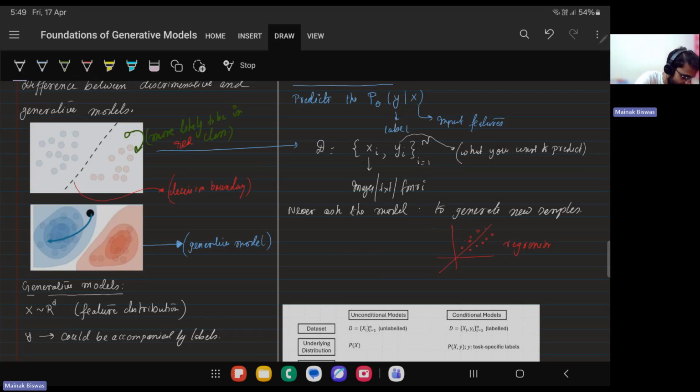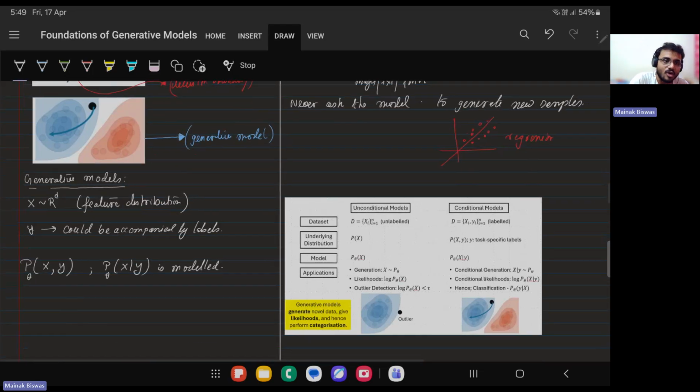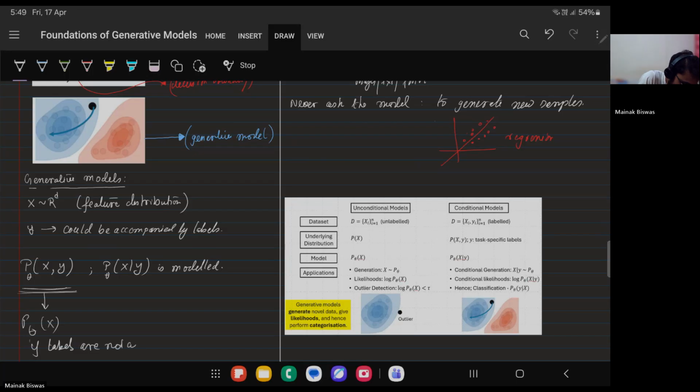On the other hand, generative models, given the same form of data, model the joint distribution of the data and the labels. If the labels are not available, you can even model just the data's distribution. You can also do conditional generation.